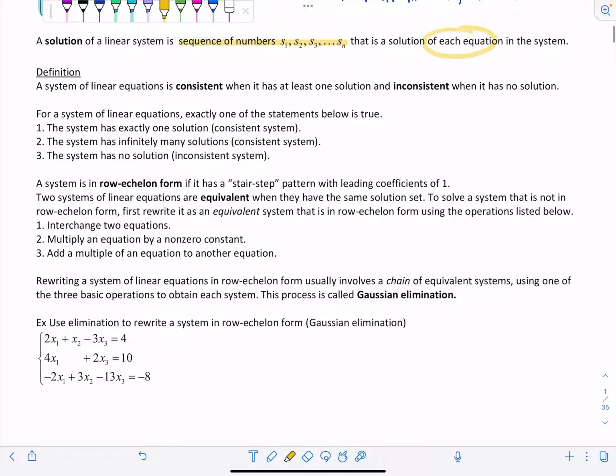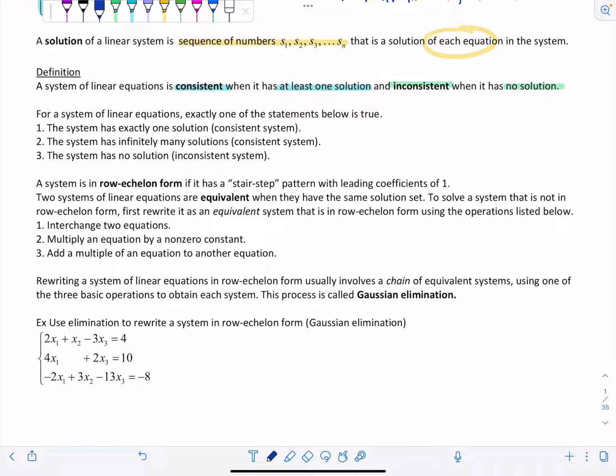Now, we classify systems of linear equations depending on their solution sets. So a system of linear equations is consistent when it has at least one solution, and then we call it inconsistent when it has no solution.